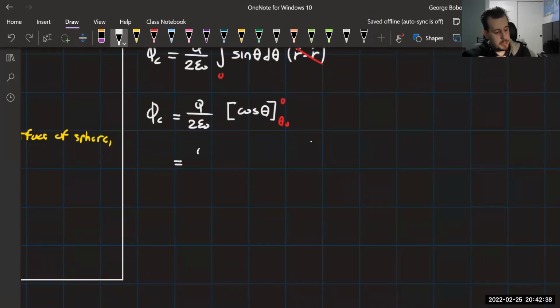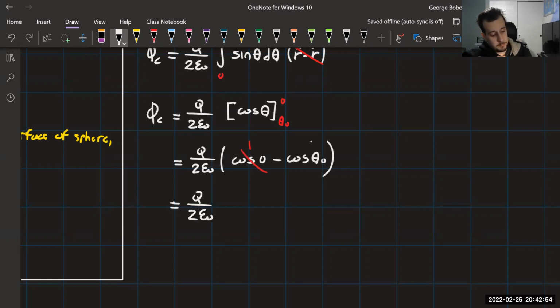And then go ahead and evaluate. So I'm going to have cosine of 0 minus cosine of theta naught. Cosine of 0 is 1. Voila, the same answer as before. Magic. That's again the angle they specify, and that's the flux.